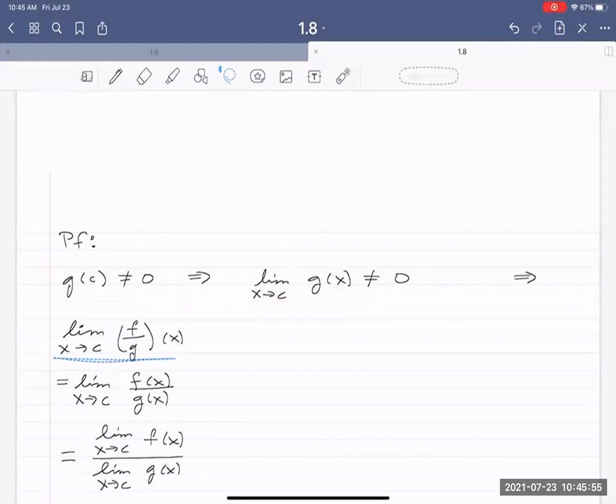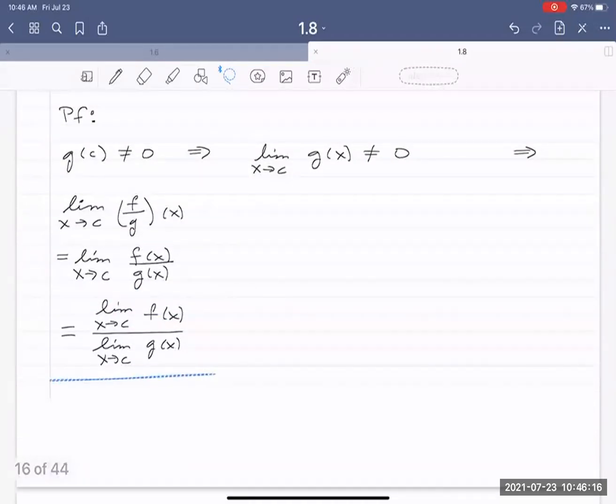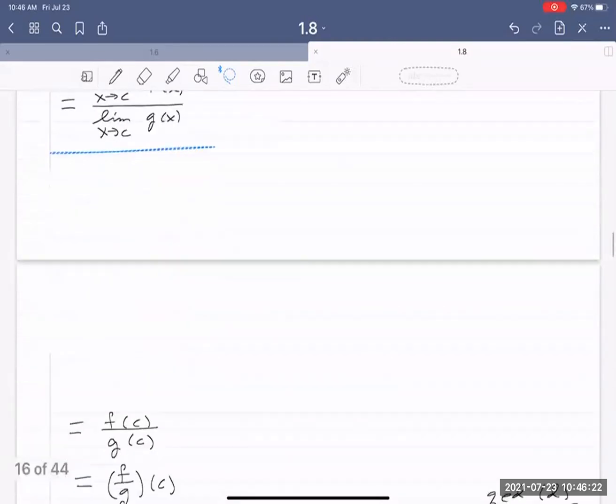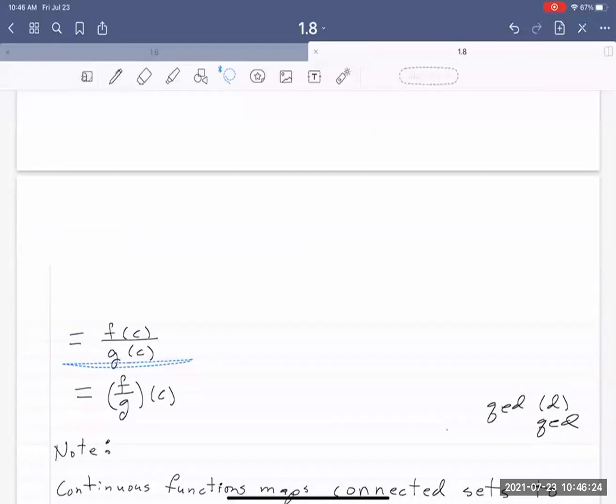And so the limit as x approaches c of (f over g)(x), by the pointwise definition of division of two functions, is equal to the limit as x approaches c of f(x) over g(x), which is equal to the limit as x approaches c of f(x) divided by the limit as x approaches c of g(x), which is equal to f(c) over g(c), which by the pointwise definition is just (f over g) at c.